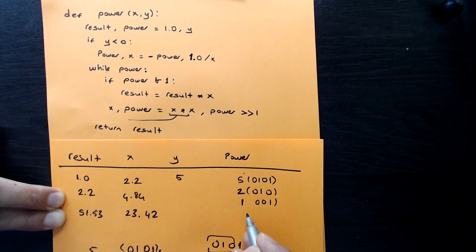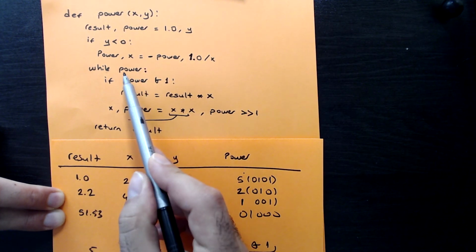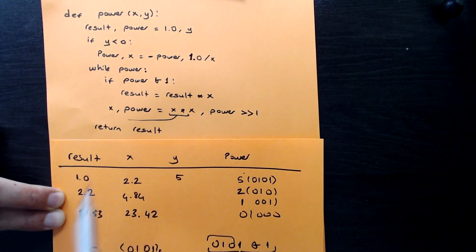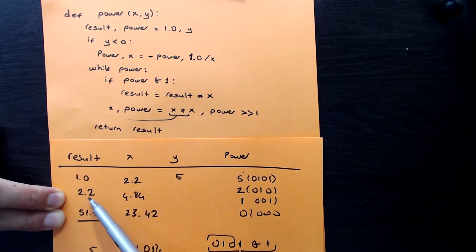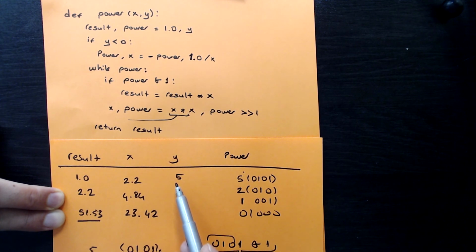In this case, power becomes 0, 0, 0, 0. The reason I don't need to calculate this is because we're going to run out of the loop, but when we come back, this is no longer true, and our result is 51.53, and we're going to return that number. So we only had to do, I believe, 1, 2, 3 multiplications here, and our y was 5, not 5 multiplications.